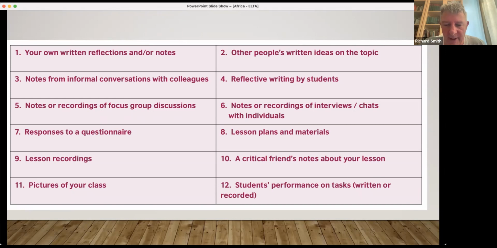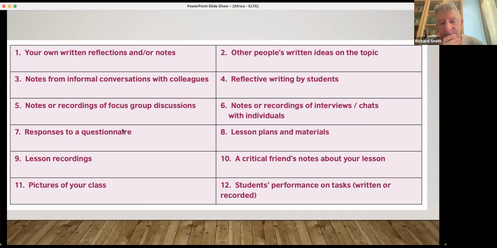Could be individual parents, individual teachers. As I said, remember, some of these will be useful for you. Some of them will not be useful for your situation or for your question. You've got to think about your questions, what is useful for answering your questions, and what is possible in your context. Sometimes it's not possible to do some things.